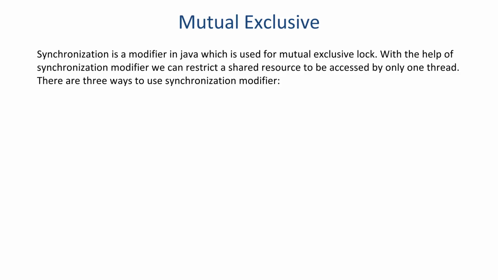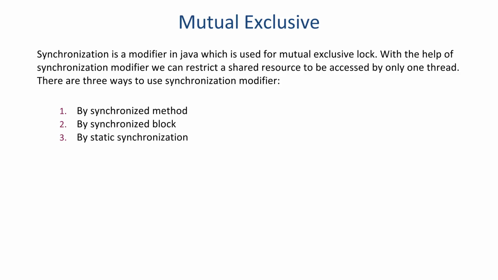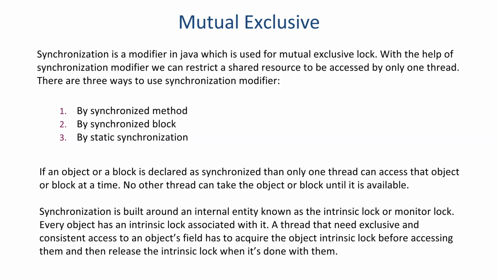And there are three ways to use the synchronized modifier: by synchronized method, by synchronized block, and by static synchronization. If an object or block is declared as synchronized, then only one thread can access that object or block at a time. No other threads can take the object or block until it is available.